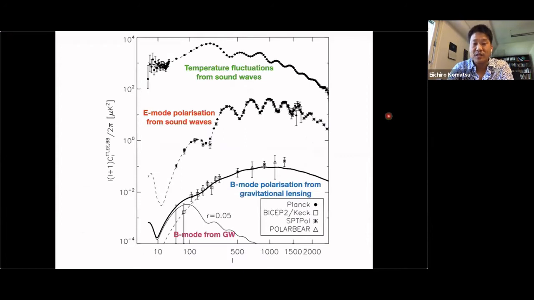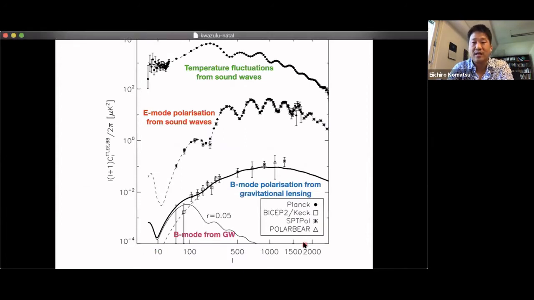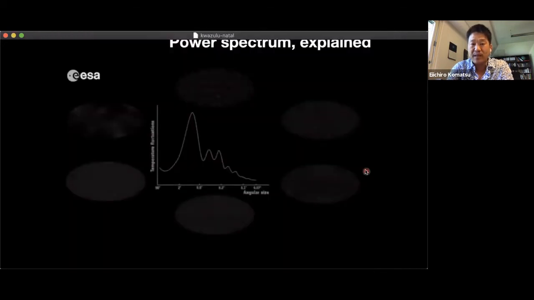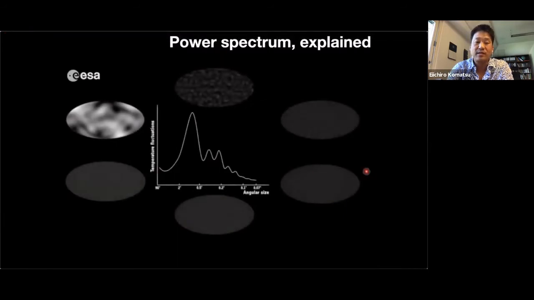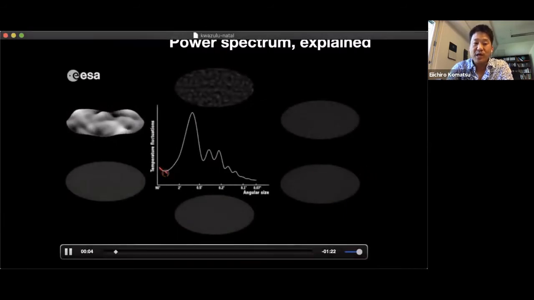And here is the power spectrum. The x-axis is the Fourier wave number. As we go to the right, it's the small angular scales. If you go to the left, it's the large angular scales. Let me actually explain this, in case you haven't seen it yet. If you go to the very left, you're looking at fluctuations with wavelengths as big as the full sky.